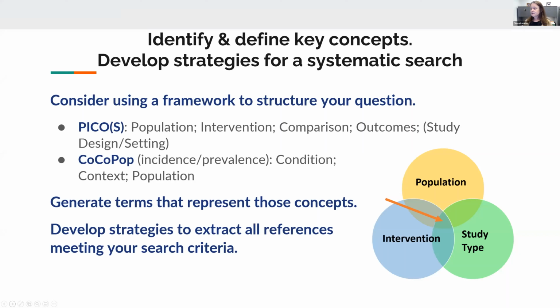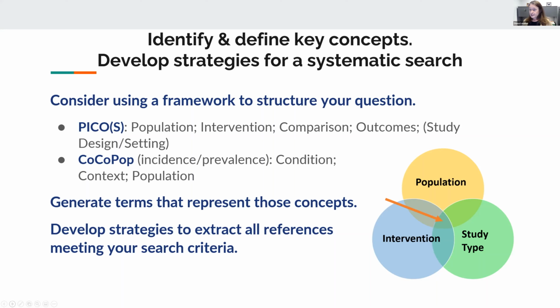So breaking down the question into its essential components. Anjuli mentioned PICO, and that's probably the one that is most familiar, where you break down your question into the population, the intervention, comparison if there is one, and outcomes. Sometimes it includes study design, like randomized controlled trials, or setting. There are lots of variations, but that's the idea, breaking it down into essential elements.